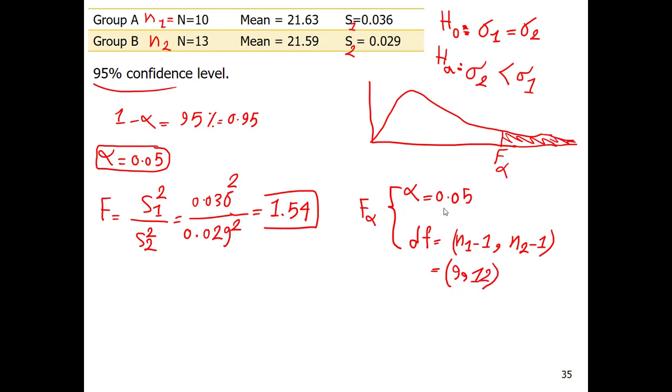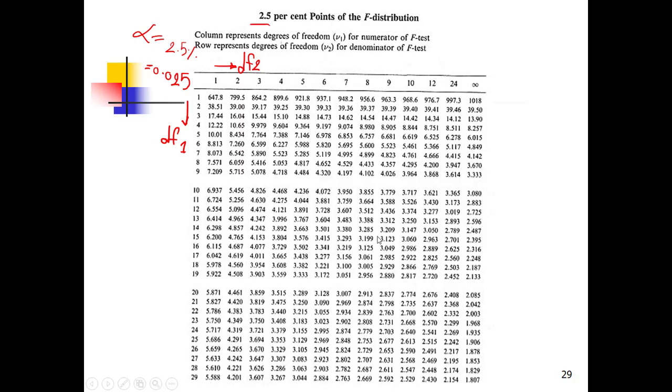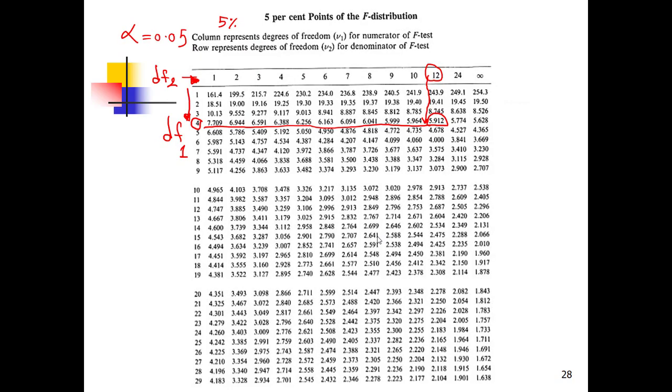So I have to go to this table, alpha 0.05 or 5%, with the first degree of freedom 9 and second degree of freedom 12. So let's go to the table. This table here is 5%. Let me clean the table a little bit.